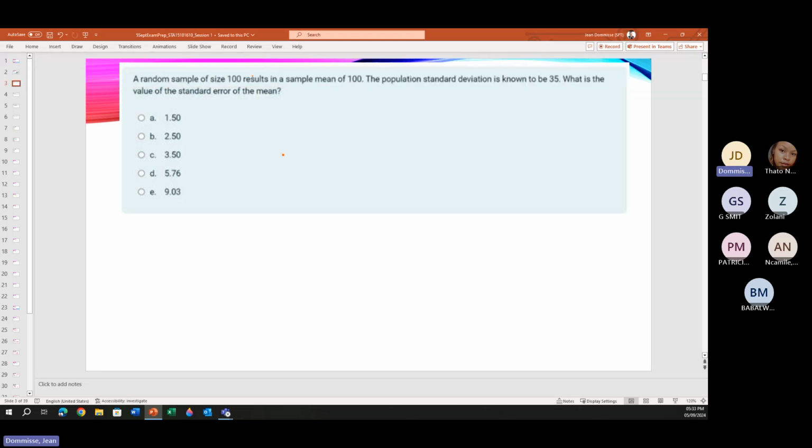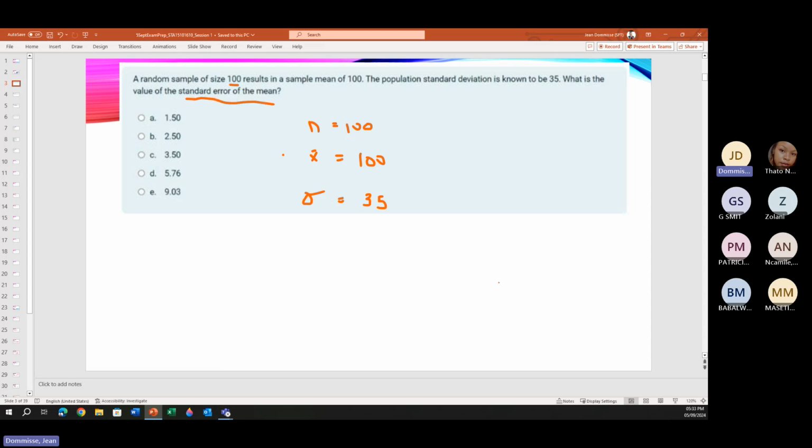A random sample of size n of 100 results in a sample mean of 100 as well. The population standard deviation is 35. What is the value of the standard error of the mean?